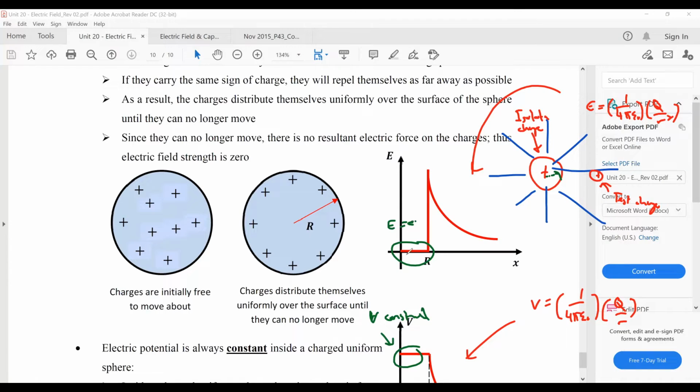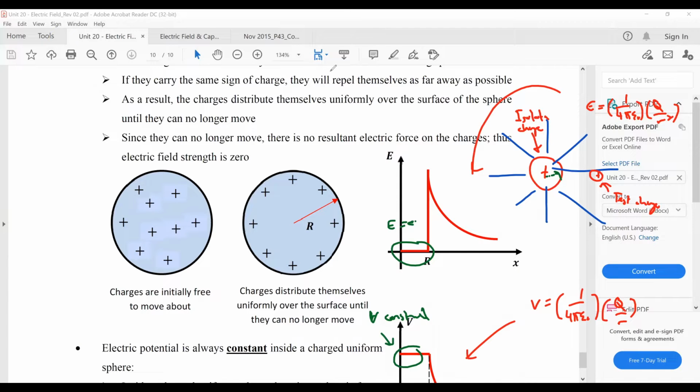So the thing is that they will always ask you, why is the field strength always 0 inside the sphere? So that time I mentioned to you, your charge sphere is a conductor. It contains free charge carriers. They are constantly moving about. But because they have the same sign of charge, they have a tendency to repel each other as far away as possible.